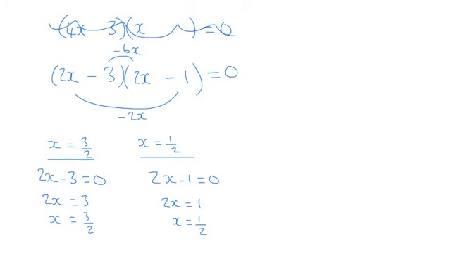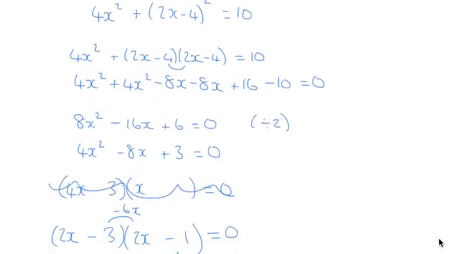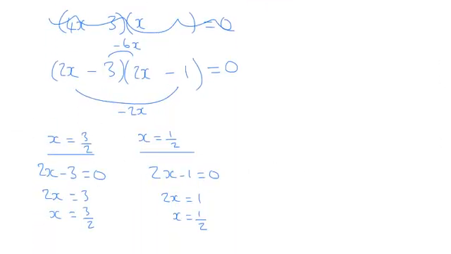Don't forget to find y as well. We're solving this set of simultaneous equations, which involves x and y. So what we're going to do next is use this from right at the beginning of the question, y is equal to 2x minus 4, to get the y values from these two x values.